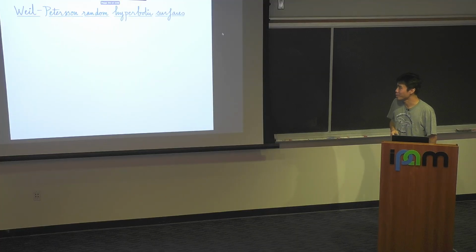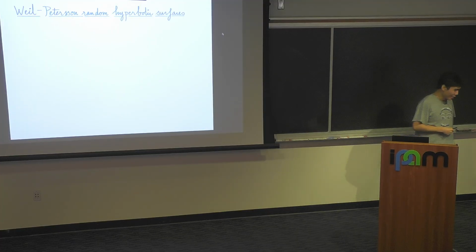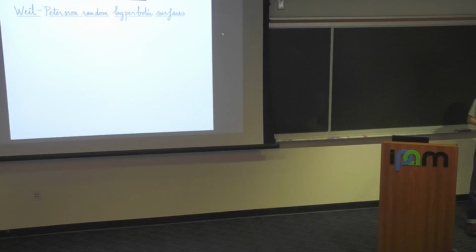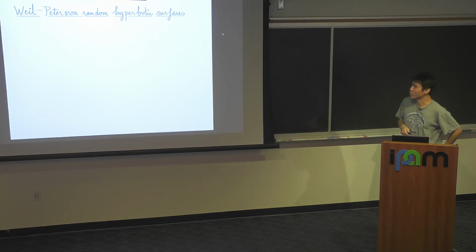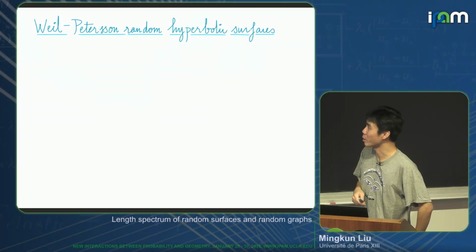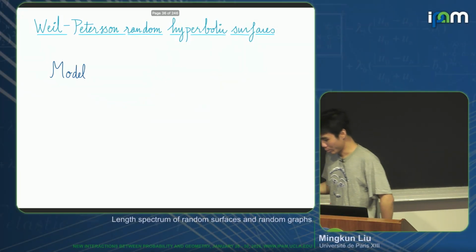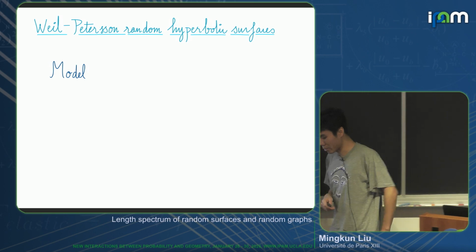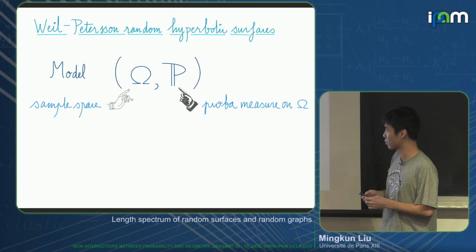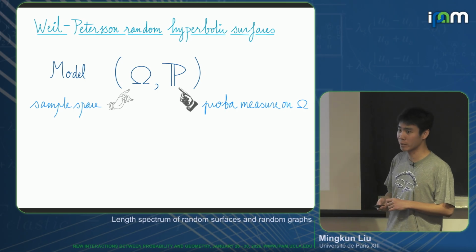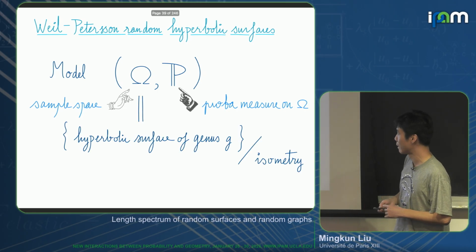Okay, cool. But you may still want to know, what is a random hyperbolic surface for me? What is a Weil-Petersson random hyperbolic surface? When we talk about random structures, we need a model, which is basically a sample space with a probability measure on it.